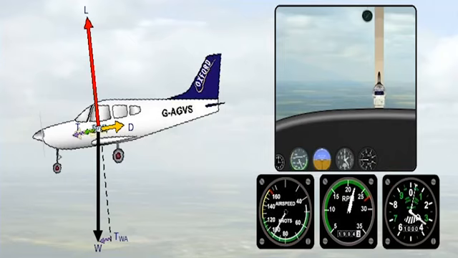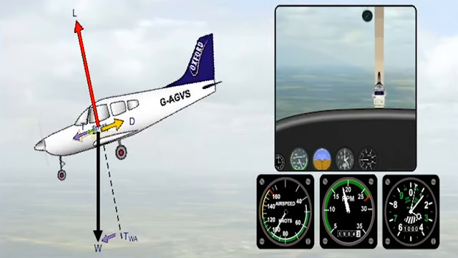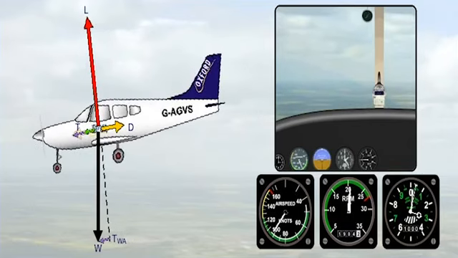If airspeed is to be kept constant as power, that is, propeller thrust, is decreased or increased, the pitch attitude of the aircraft must be varied accordingly. For example, either by lowering the nose as shown here to maintain 100 knots if power is reduced, or by raising the nose, as you see on the screen now, to maintain 100 knots if power is increased.